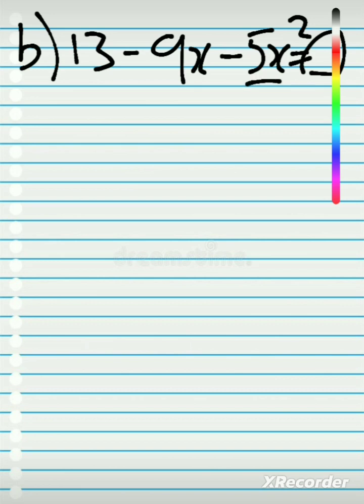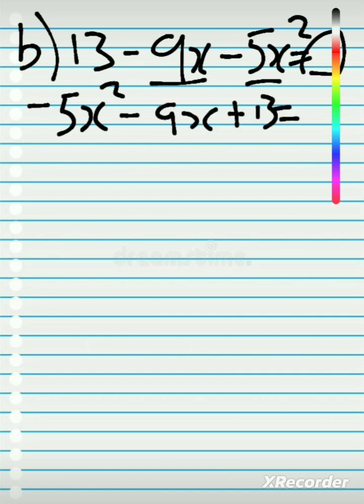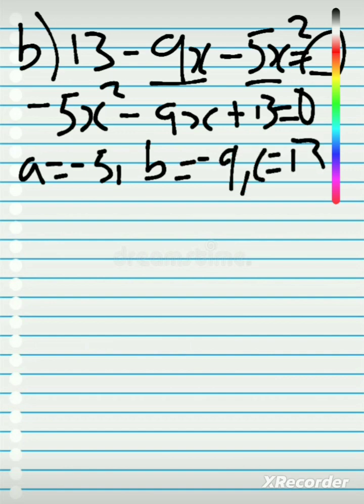Remember, the x squared has to be at the start, on the far left. The one with x has to be in the middle. Then 13 has to be on the far right. Our a is negative 5, our b is negative 9, our c is 13.